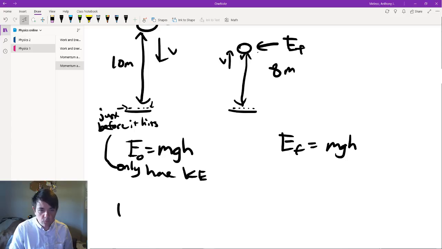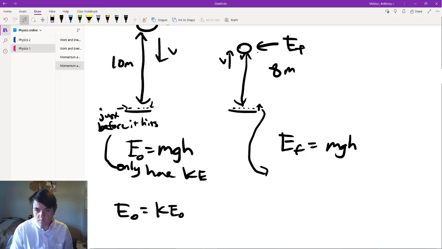So we can set E initial equal to the initial kinetic energy. And here we could do the same thing, just after it hits.